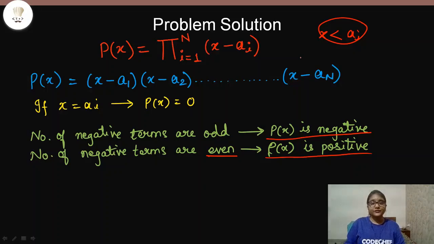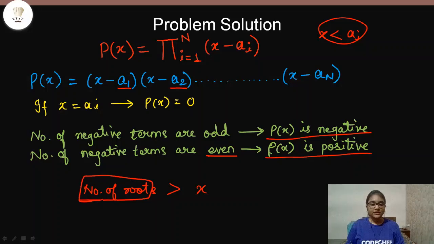So if we find out how many roots are greater than the queried value x, then we will know how many terms will be negative. So the number of roots greater than the queried value x will give us the number of negative terms in the polynomial.